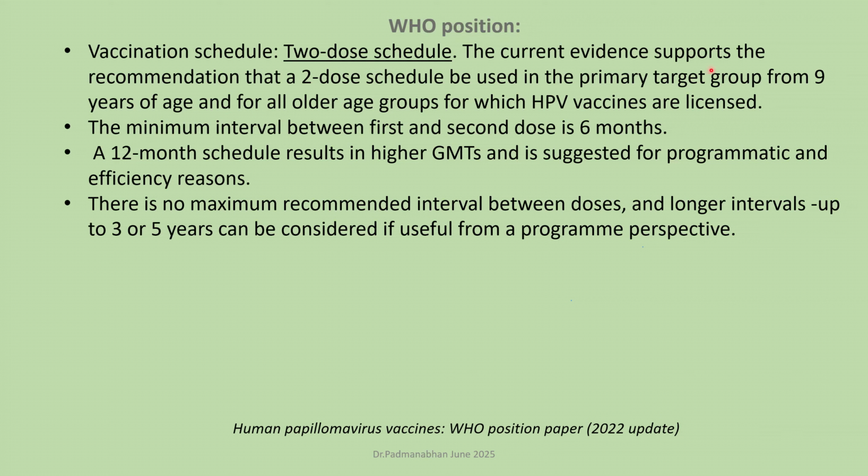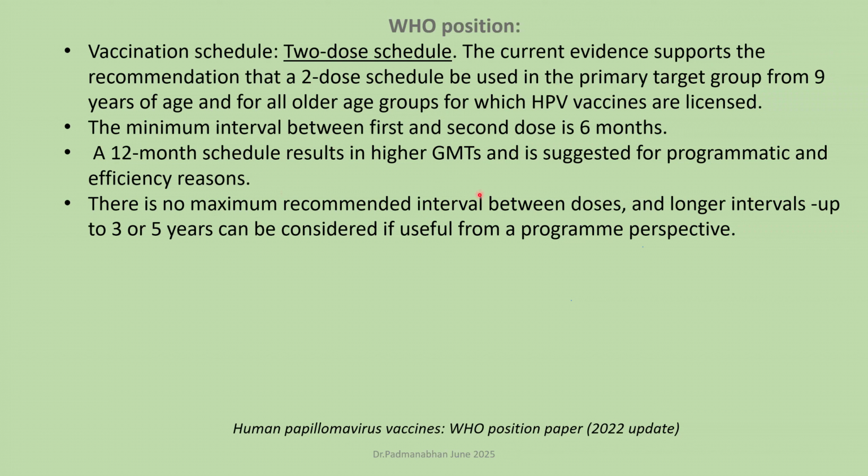The current evidence supports the recommendation of a 2-dose schedule be used in the primary target group from 9 years of age for all age groups with HPV vaccine. From 3, they come down to 2. The minimum interval between the first and second is 6 months. A 12-month schedule gives higher titers and is suggested for programmatic and efficiency reasons. You can even make it 12 months.